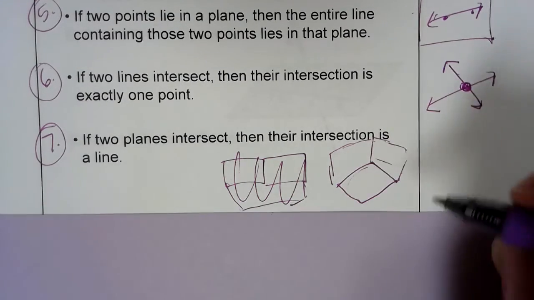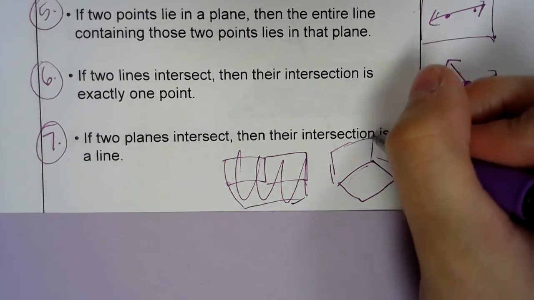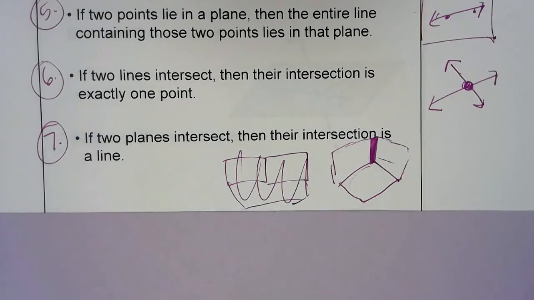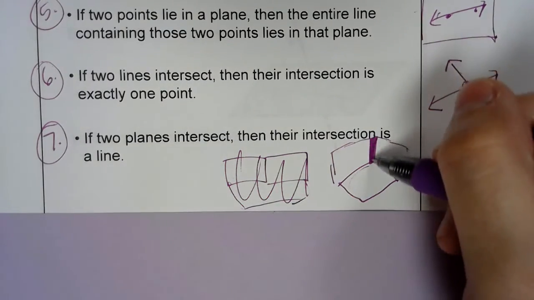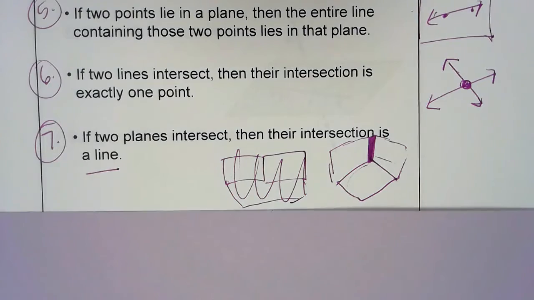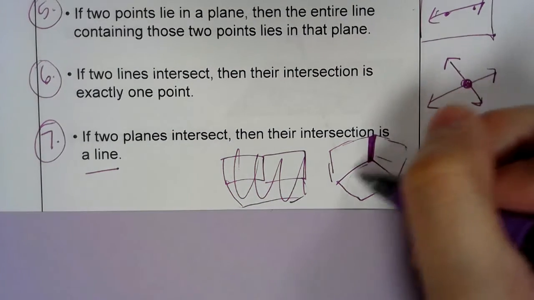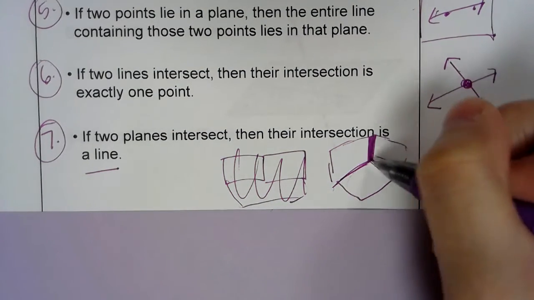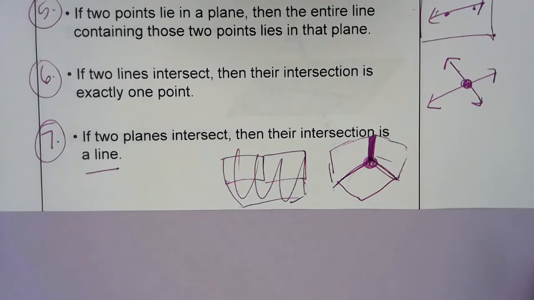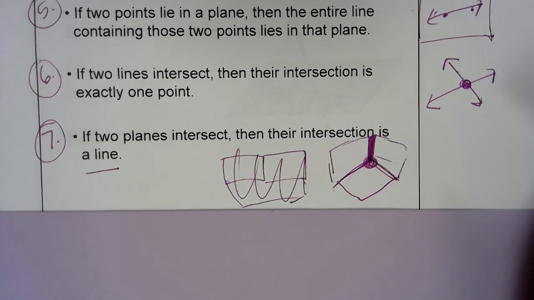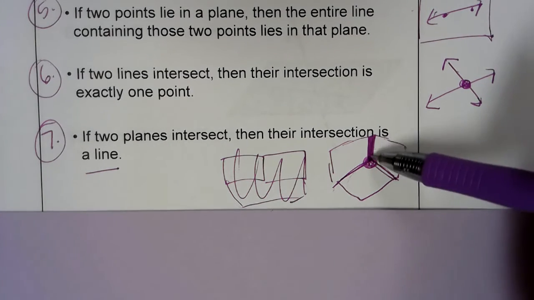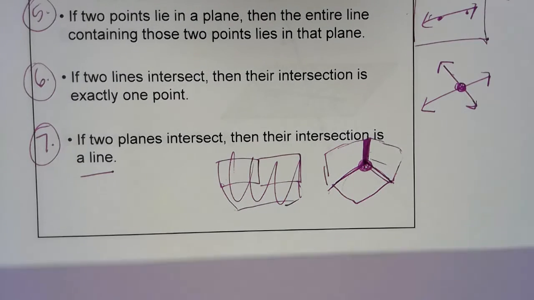Here's the floor. Those 2 walls, when they intersect, so when the 2 planes intersect, they form the corner, and that corner is a line. Okay, where the 2 walls and the floor intersect, so right here forms a point. Just there's an extra 10 cents for you for today. So where the 2 planes intersect is a line.